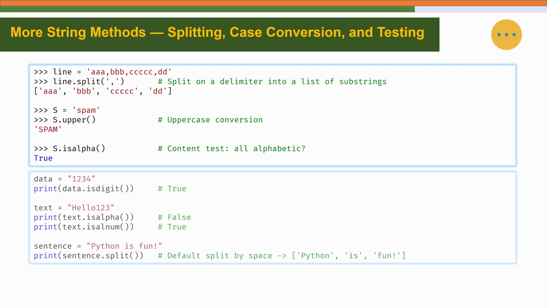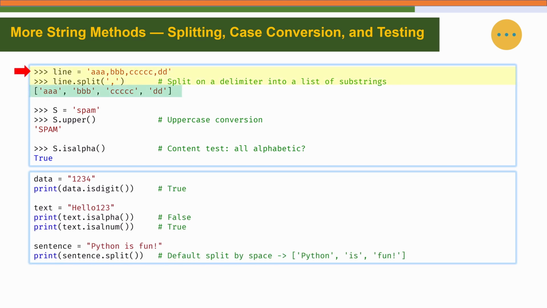Python strings are not just static pieces of text, they come packed with powerful built-in methods that make text processing incredibly simple. So let's start with one of the most useful methods, that is .split. Here we have line is equal to that string.